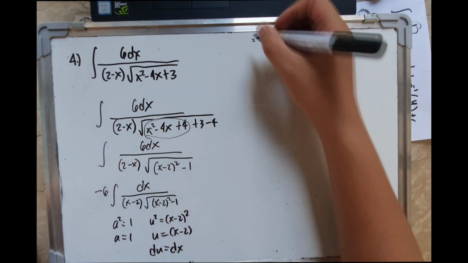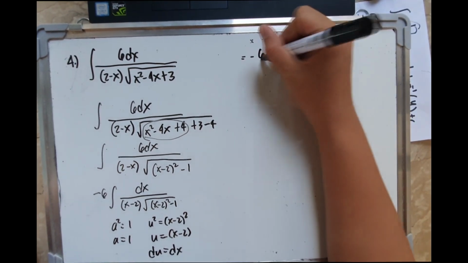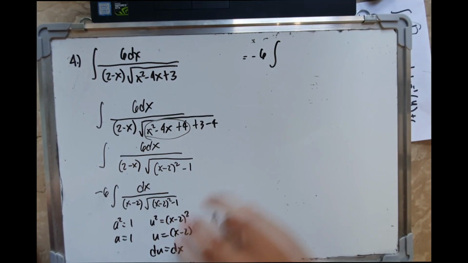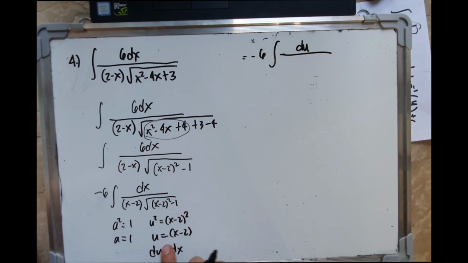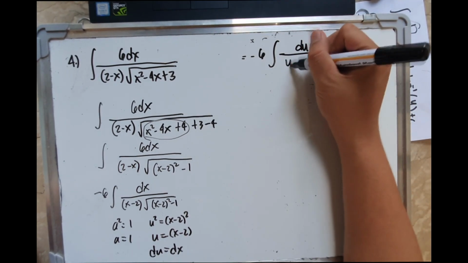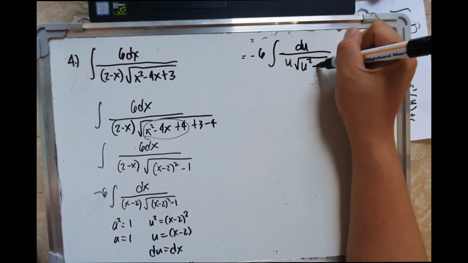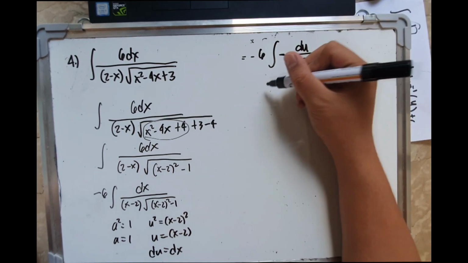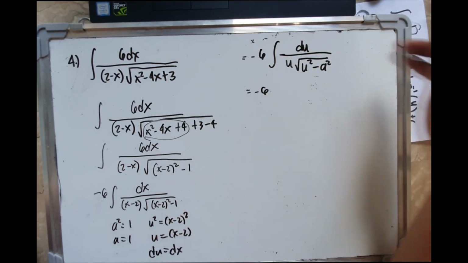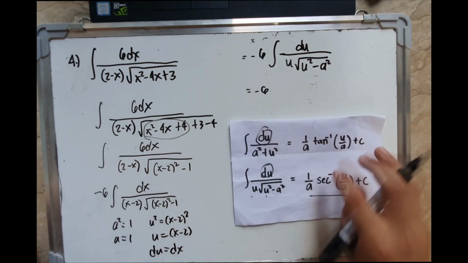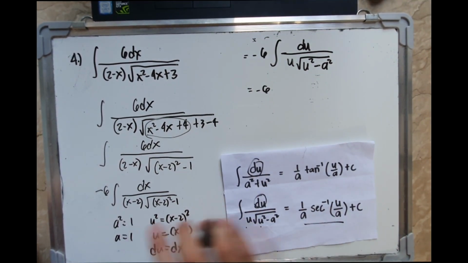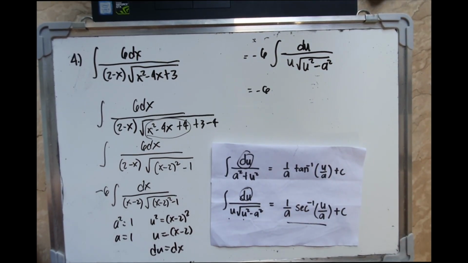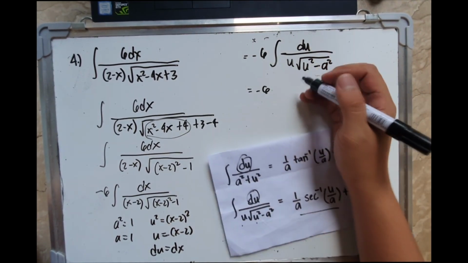So let's have negative 6. The integral of dx is du. X minus 2, that is the u. The square root of u squared minus a squared. This is 1 over a, since we have a 1. So this will just be 6.